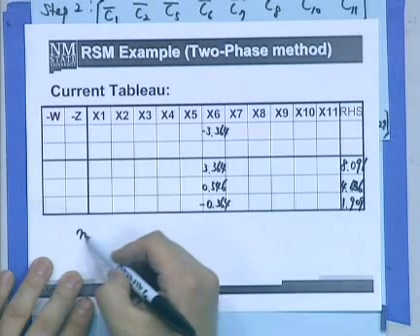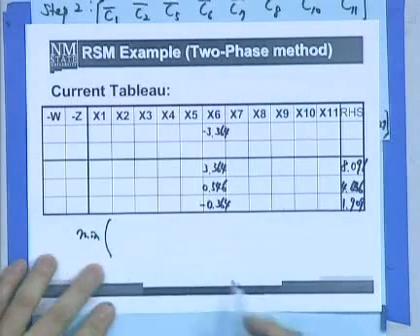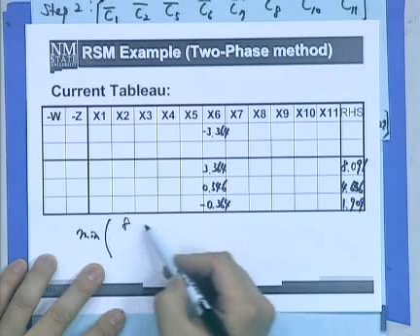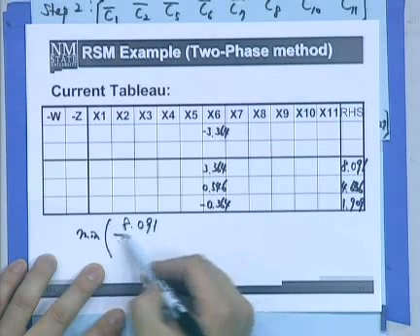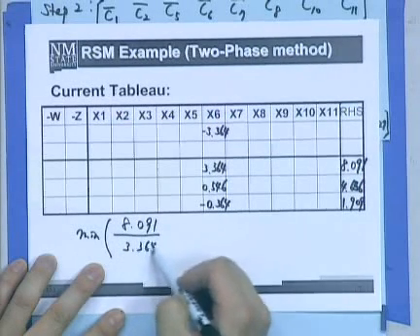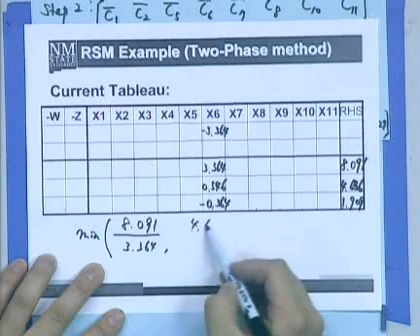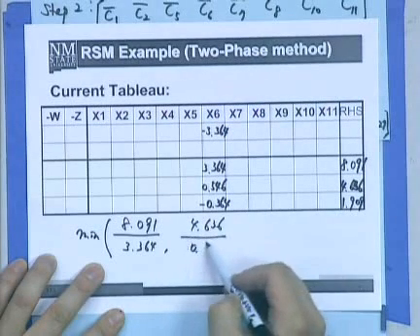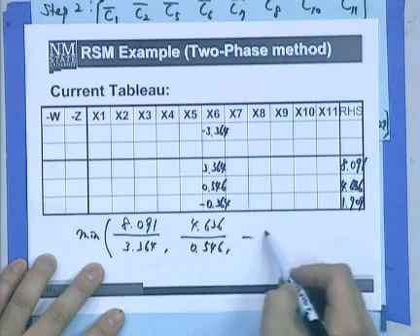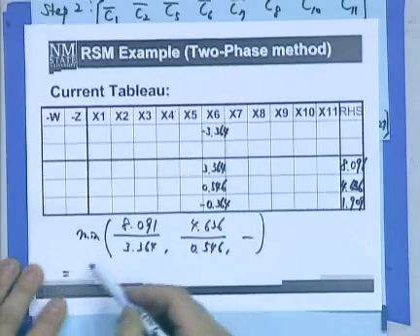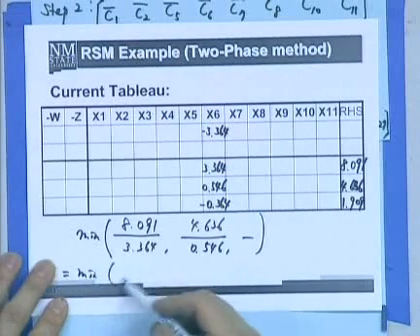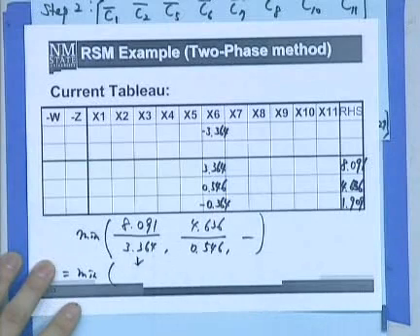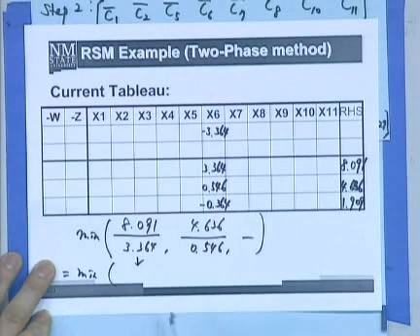And from the minimum ratio test, the minimum occurs at the first ratio. Okay?